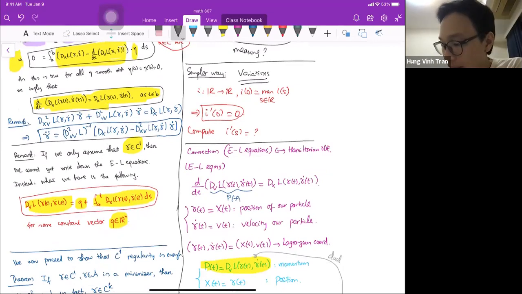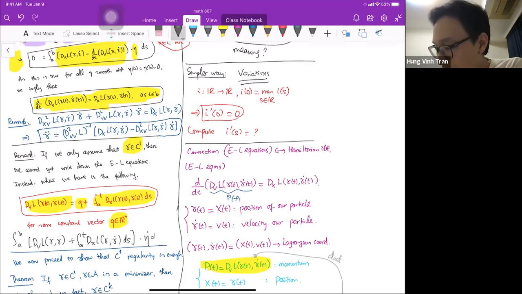But what I mean here is that instead of kicking the derivative to eta, I would write out something like the integral from a to b of d_v L(gamma, gamma dot) plus the integral from a to t of d_x L(gamma, gamma dot) ds, multiplied with eta dot dt, equals 0. So that's what I have.